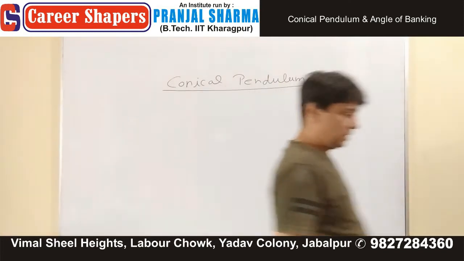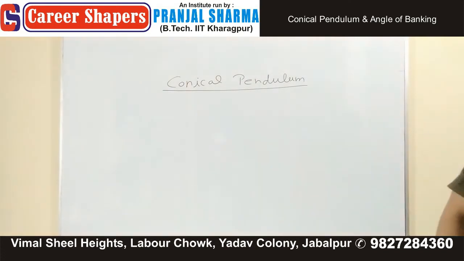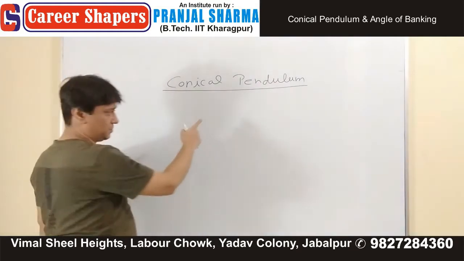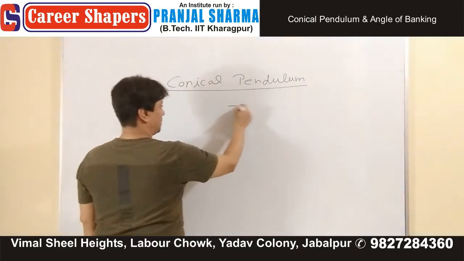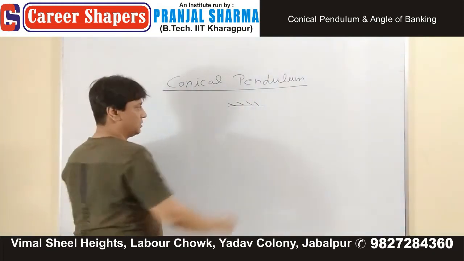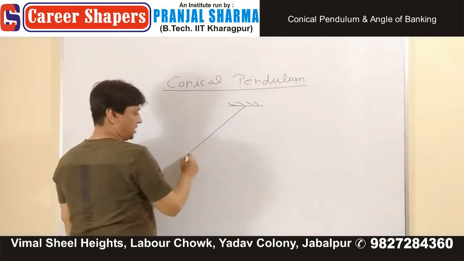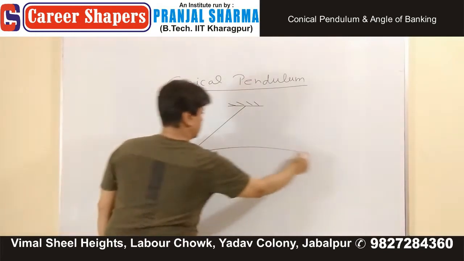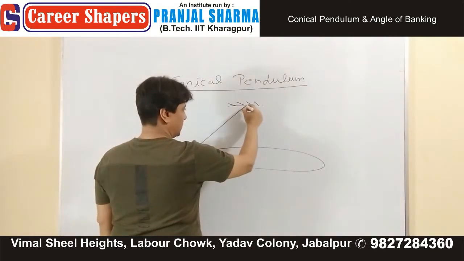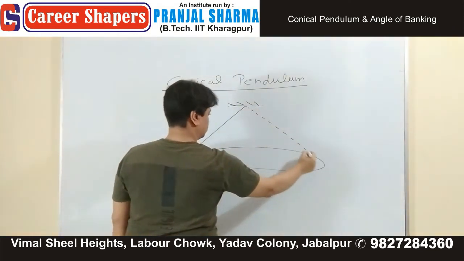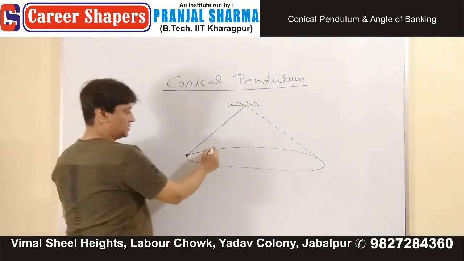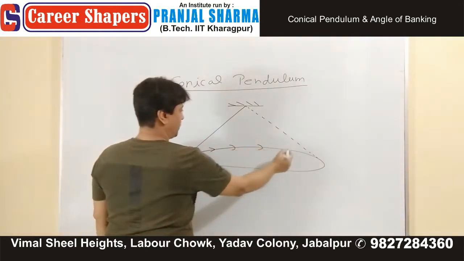Now, let's understand the whole thing with the help of this setup. This is a rigid support. An object is moving in a cone like this. This is the path it is going to follow.